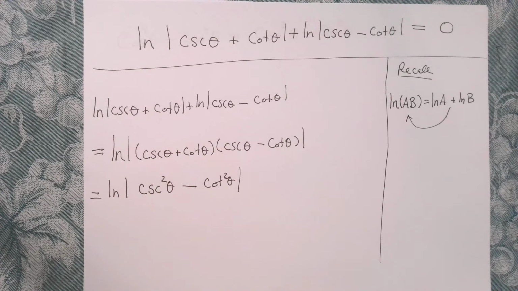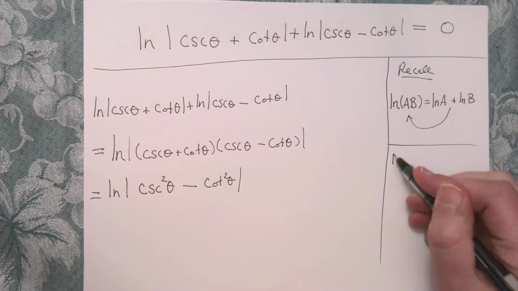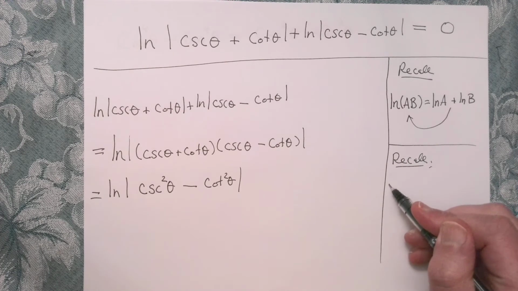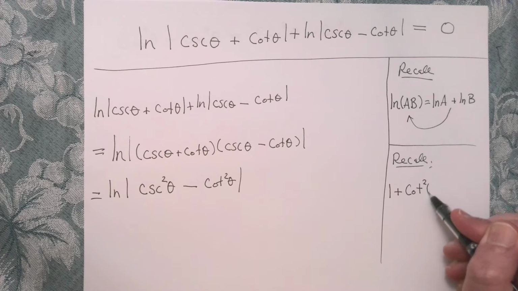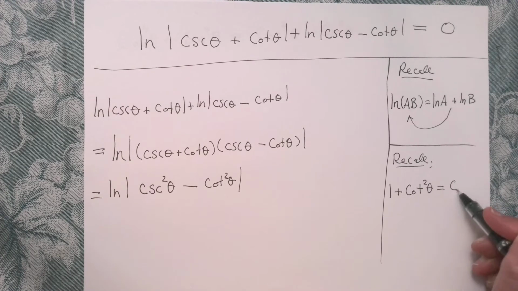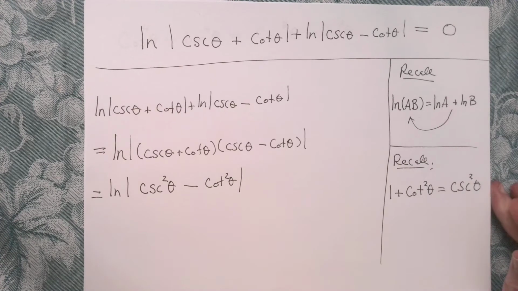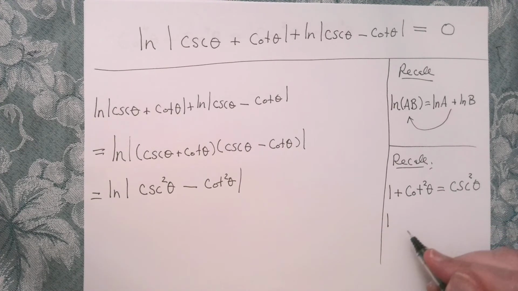Now let's see here. Do we know any properties that relate cosecant squared and cotangent squared? Let's recall this. Because we have a very nice Pythagorean identity that says 1 plus cotangent squared of theta is equal to the cosecant squared of theta. That was the third Pythagorean identity that we mentioned earlier. And if I subtract this from both sides, I can see that their difference is exactly 1.